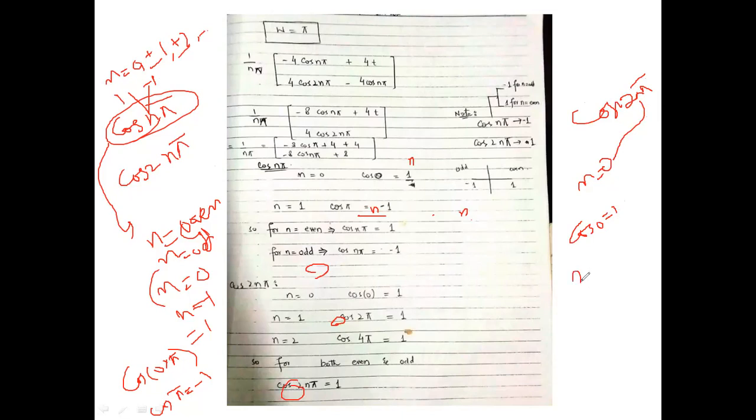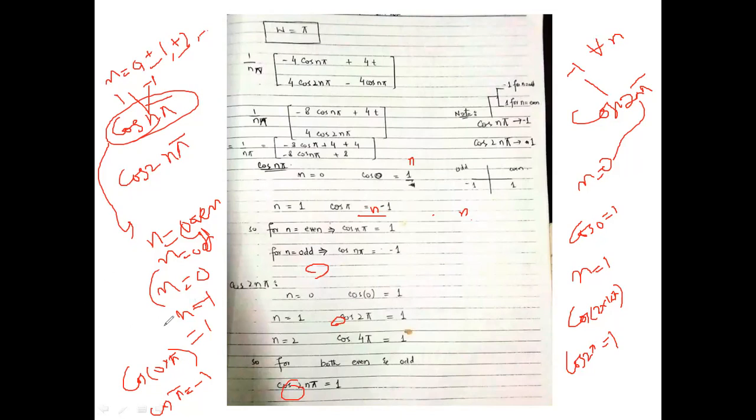Now if n is equal to 1, cos 2 into 1 into pi means cos 2 pi, which is again equal to 1. So cos 2 n pi is equal to 1 for all n.